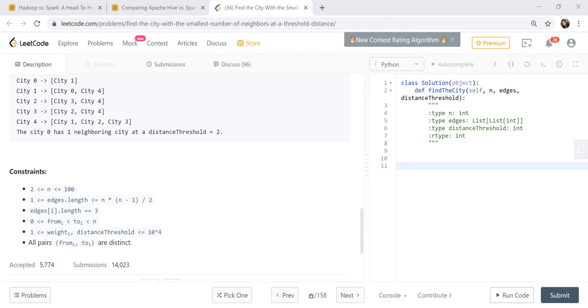So I'm not sure if we want to use Bellman-Ford. No, but here there are no negative paths. So Dijkstra is one candidate, because if there were negative paths, Dijkstra could not be a candidate. Then we would have to use Bellman-Ford, but here since we don't have negative paths, I believe we have two candidates, Dijkstra and Floyd-Warshall.